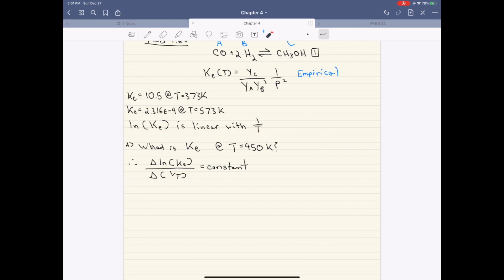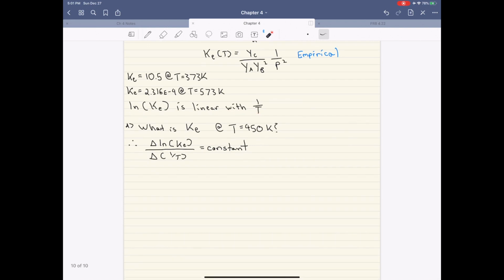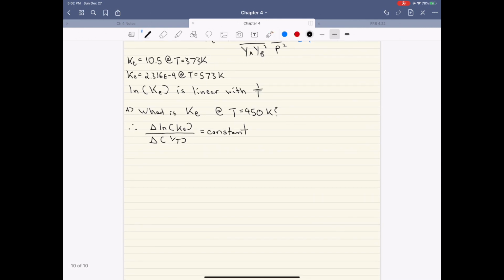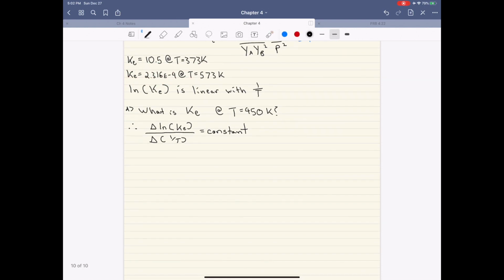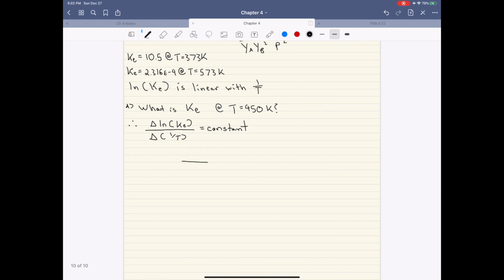Using this piece of information, we could apply it in this way. What I wrote here is the delta of the natural log of Ke. We're given two values of Ke at these two different temperatures, so I'm going to write out this relationship.